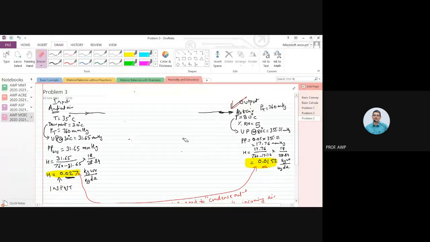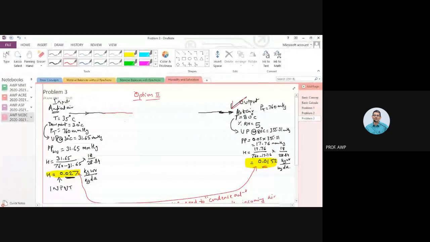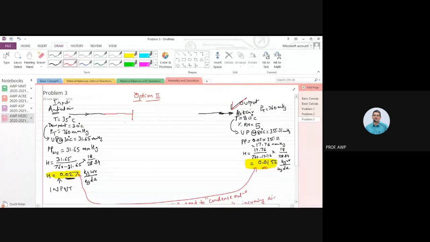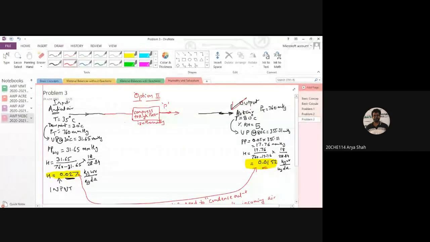Arya, will you help us out through this option? Yes, sir. Okay, so we will compress to higher pressure, let's say P, and we might do this isothermally.